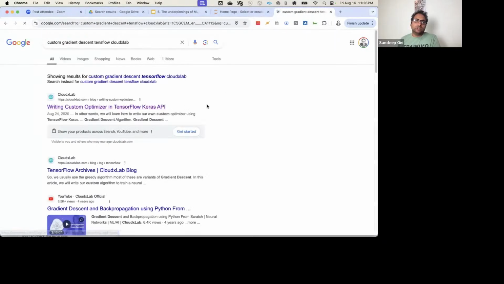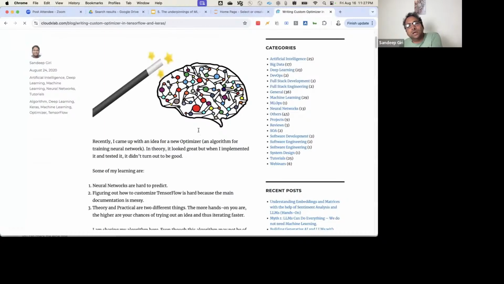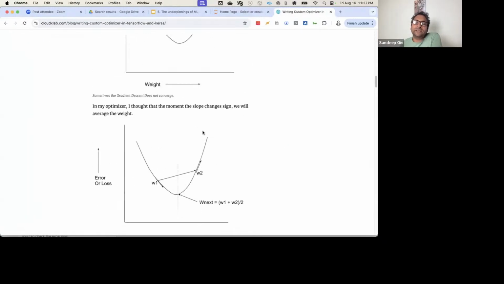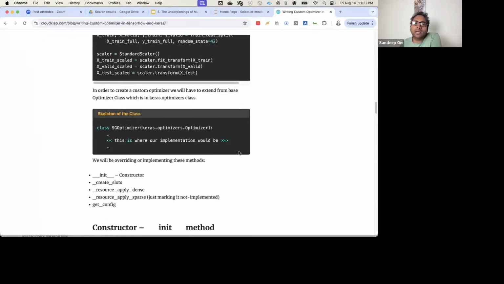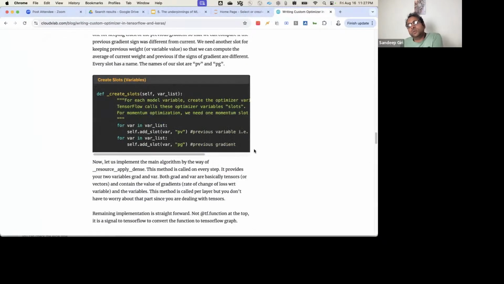For example, I just thought, okay, let me see if I can optimize the gradient descent. So I came up with my strategy and everything. I wrote the entire gradient descent method, and it did not work.